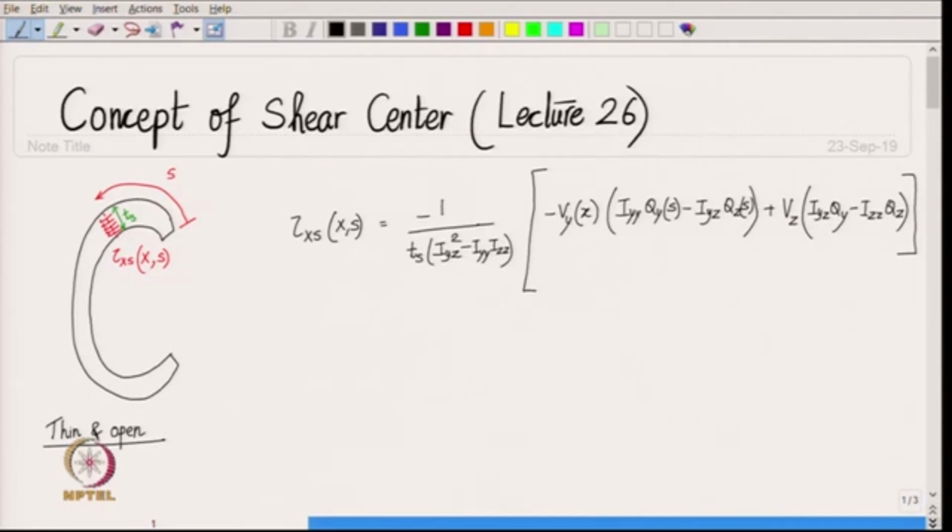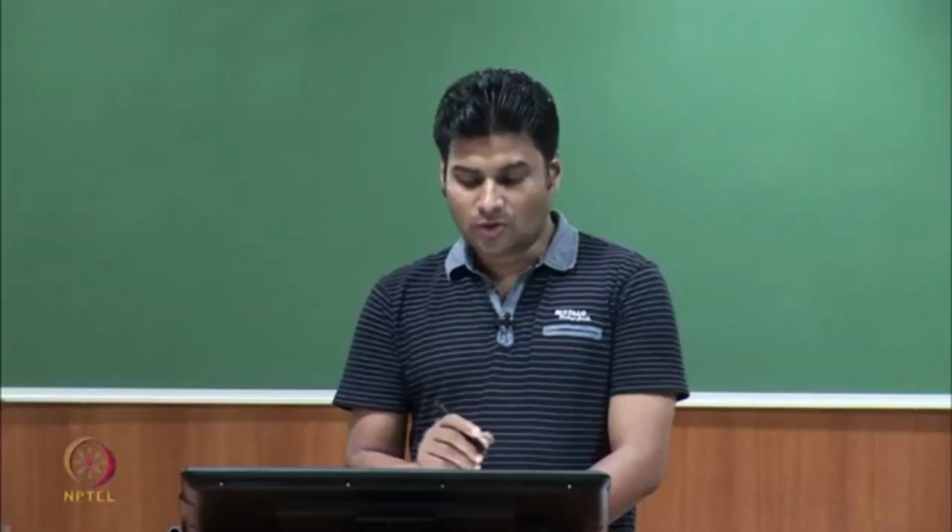point in the plane of the cross section about which, when we measure the torque due to this shear stress distribution, it will be 0, and that point is called the shear center. Okay.